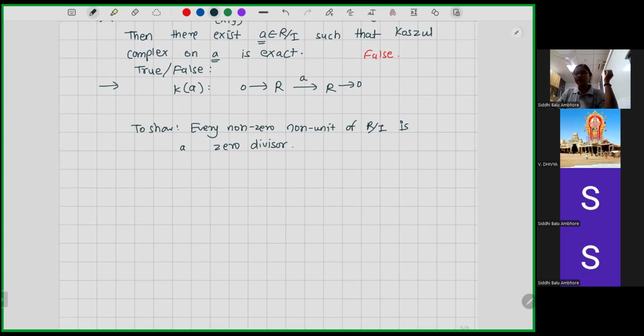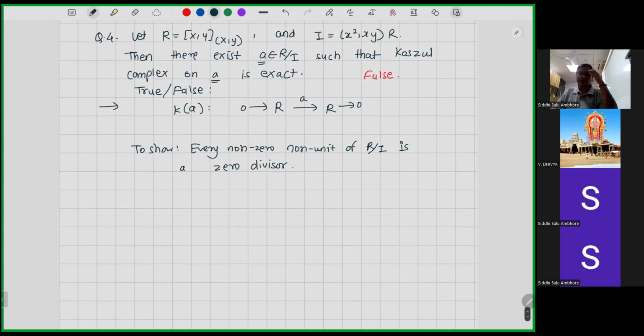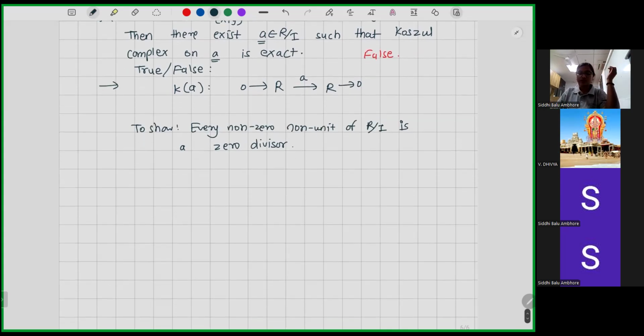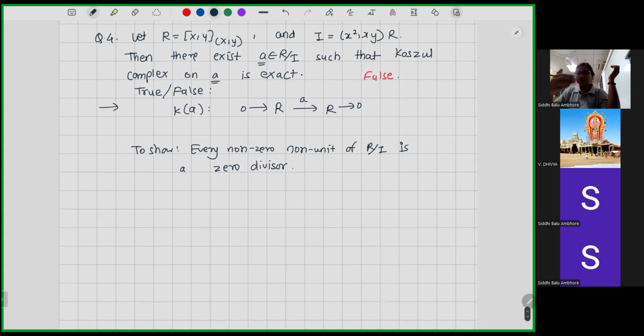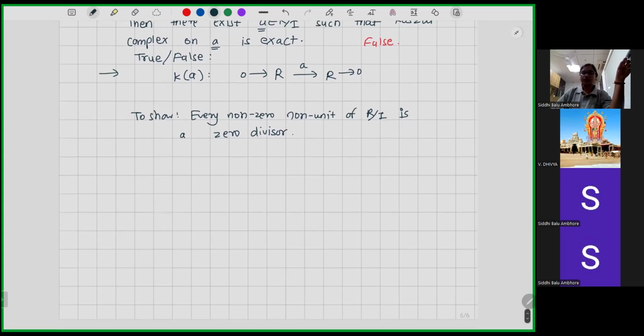Multiplying by a unit won't help us anyway. So we have to check that every non-zero non-unit is a zero divisor of R mod I.